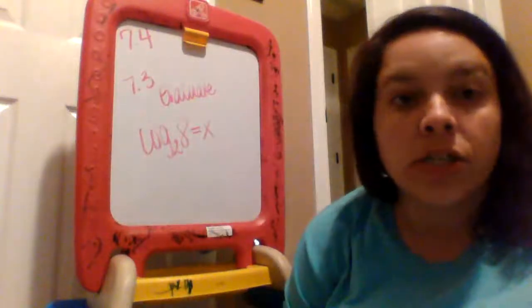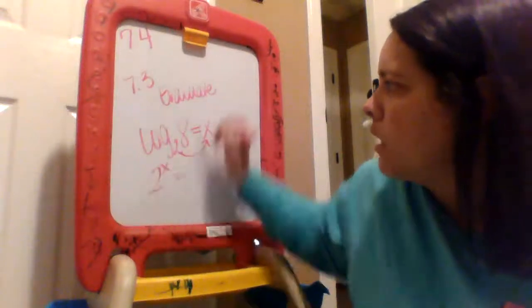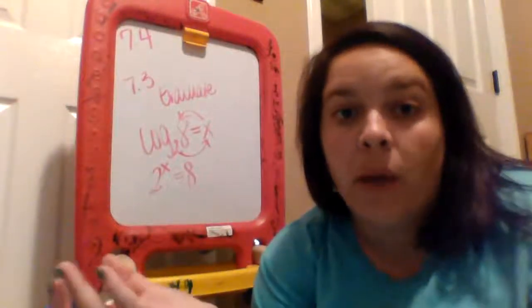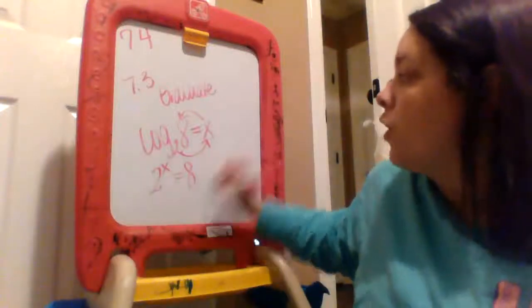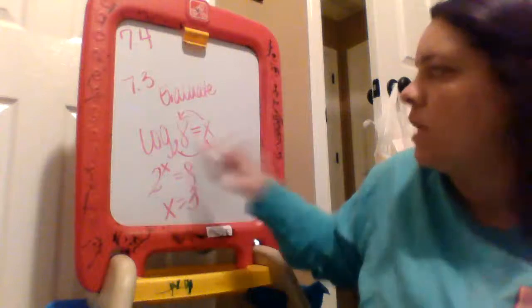Then I changed it to an exponential: 2 to the x power equals 8. I could use that little paper with the exponents on it to figure out 2 to what power makes 8. If you look at the paper, 2 to the third power makes 8. So 2 cubed is 8, so this equals 3.